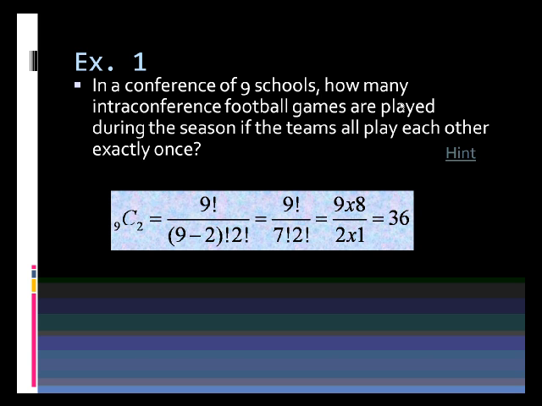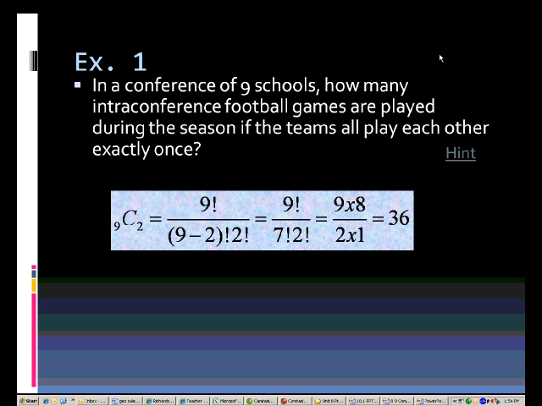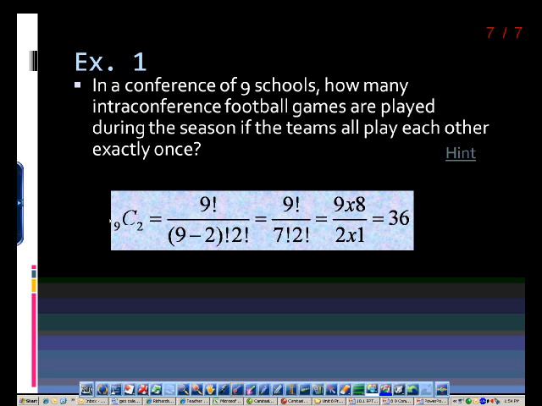9C2. What that represents is that I have 9 teams to choose from, and I'm picking groups of 2. I want to know how many different groups of 2, how many different games can be played between 2 teams. Okay, so does that part make sense? 9C2.